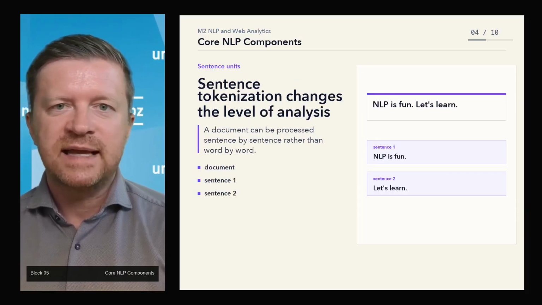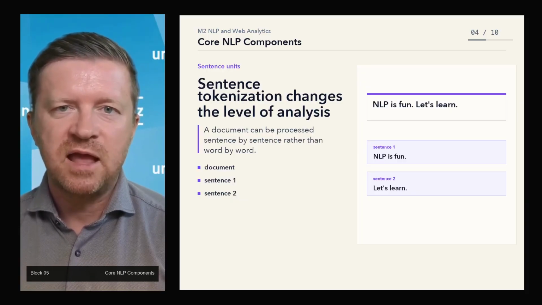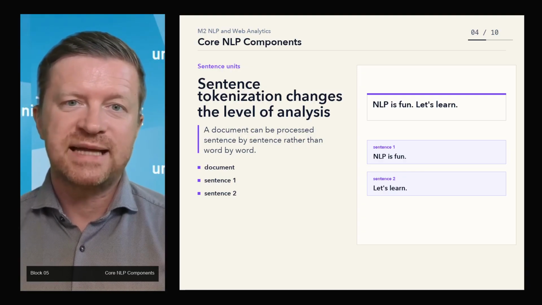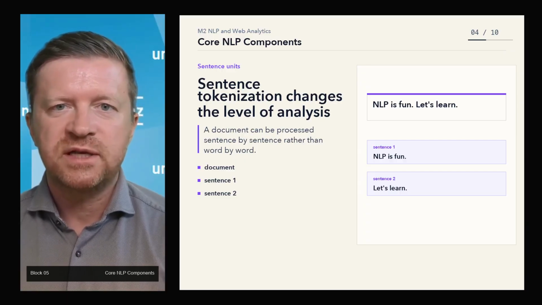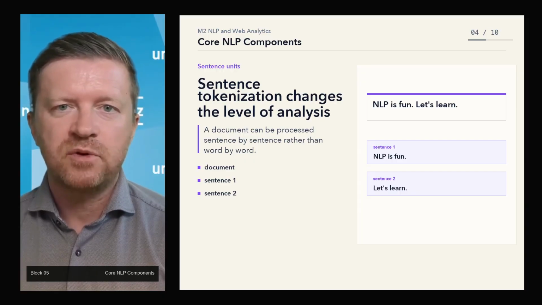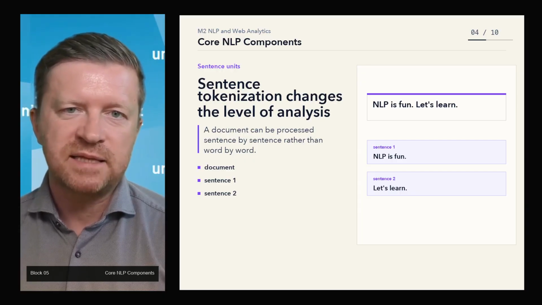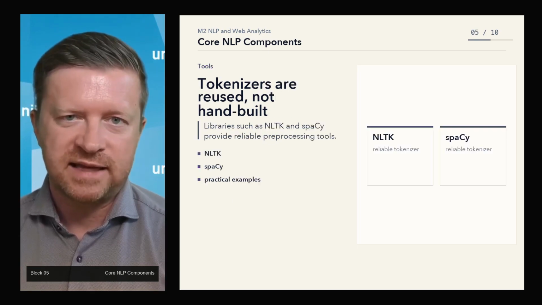Let's learn.", sentence tokenization separates it into two sentences, "NLP is fun" and "Let's learn". This is useful when we want to process a document sentence by sentence rather than word by word. Fortunately, we do not do tokenization manually. Python libraries such as NLTK and spaCy provide reliable tokenizers, and we will use them in practical examples.